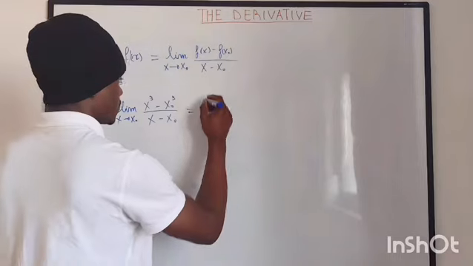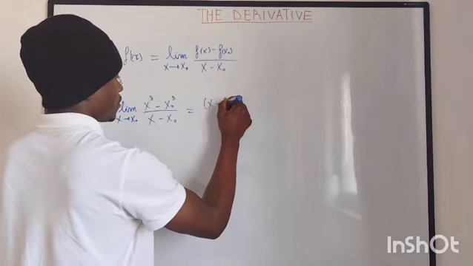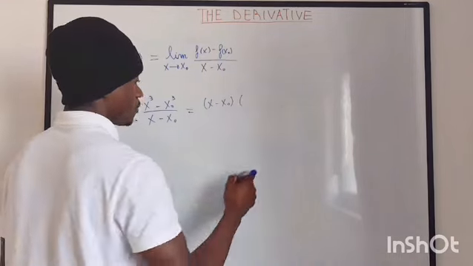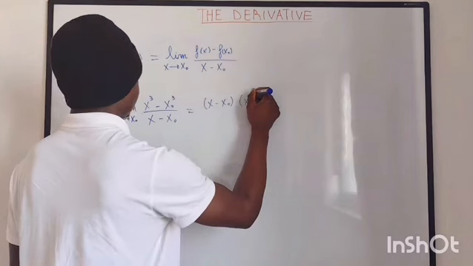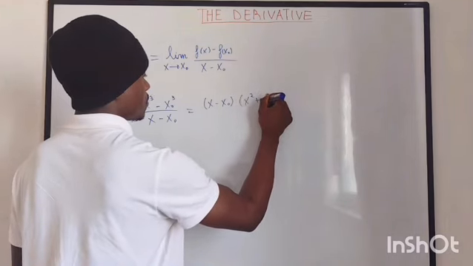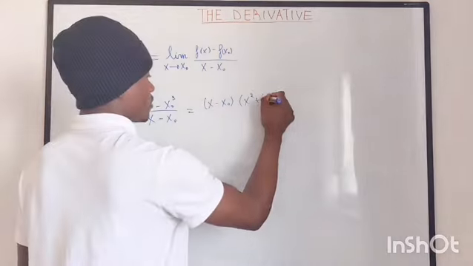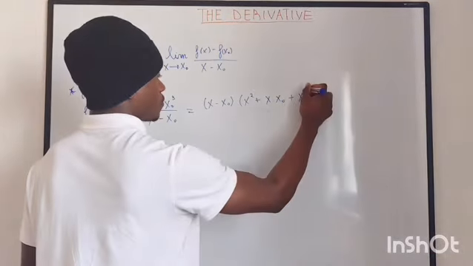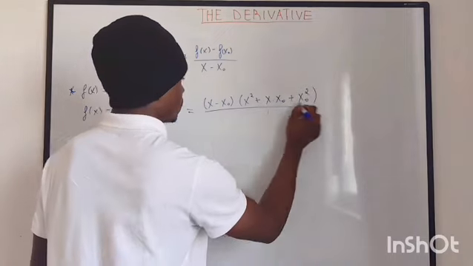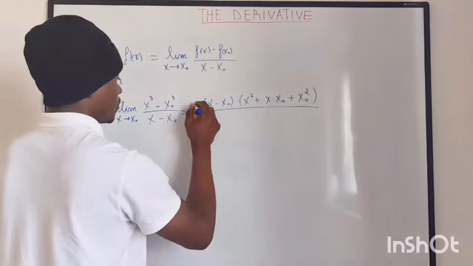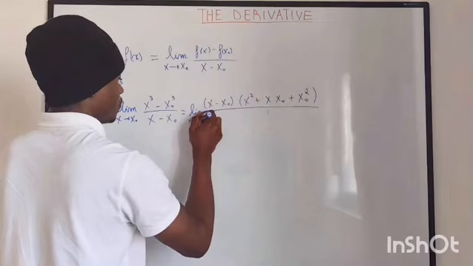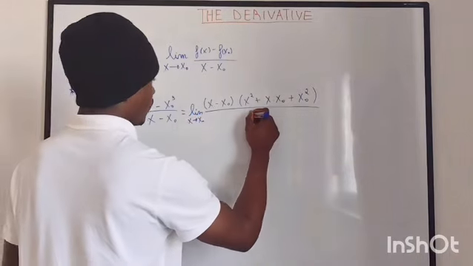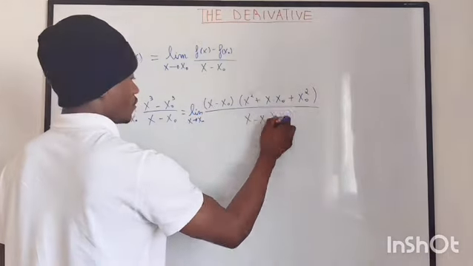The factorization form is x minus x0 multiplied by x squared plus x times x0 plus x0 squared. Okay, I forgot to write the limit. It's the limit for x to x0, divided by the difference, x minus x0.